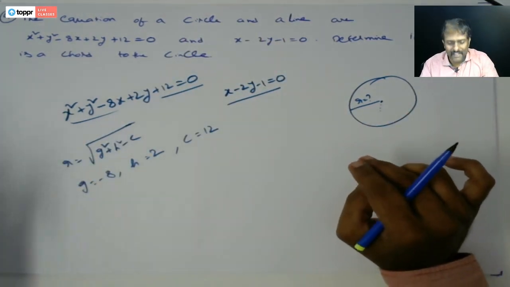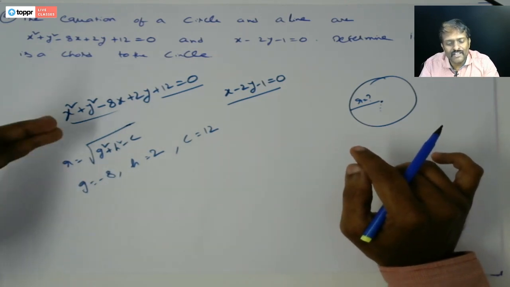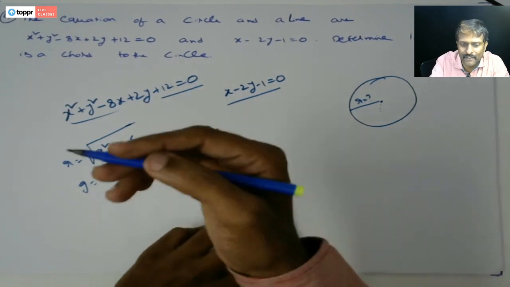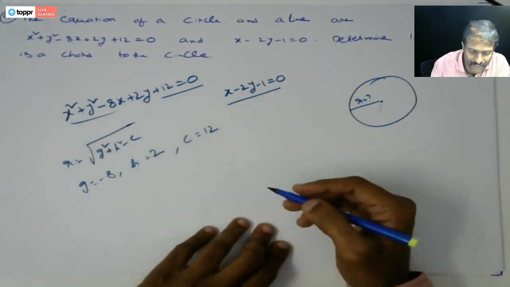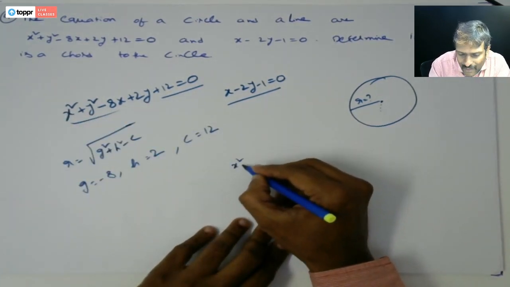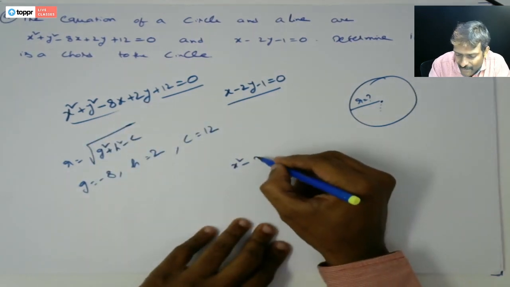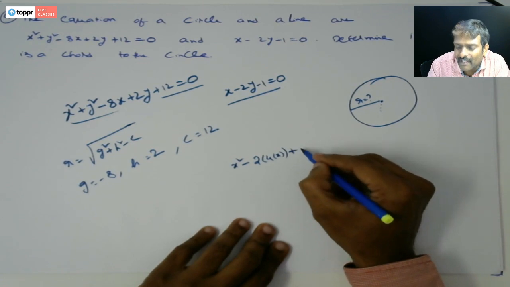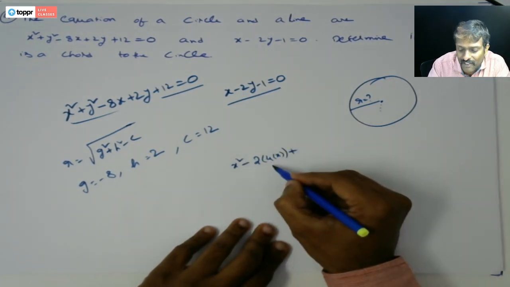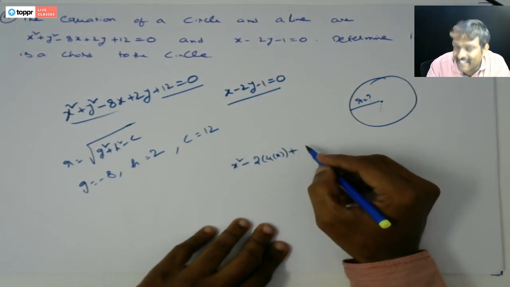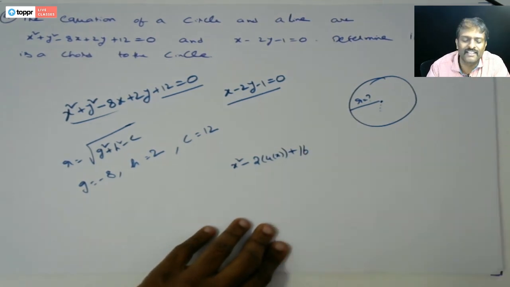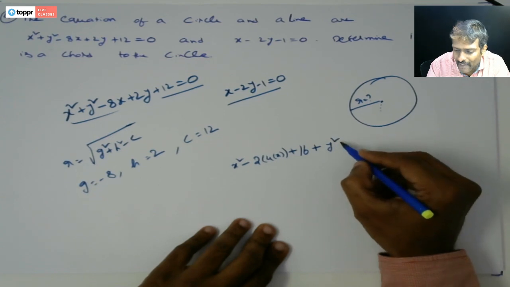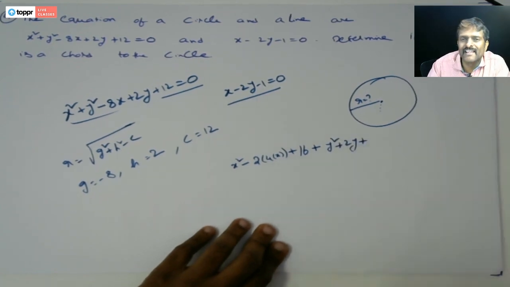So for that, I would prefer changing it into standard form, right? You can use this one also, you can try by yourself, but I'm changing this by using completing squares now. So x square minus 8x. 8x I'm writing as 2 times 4 times x. So I need b square. The b value here is 4. So b square is 4 square, which is 16. Plus y square plus 2y, and here b is 1.